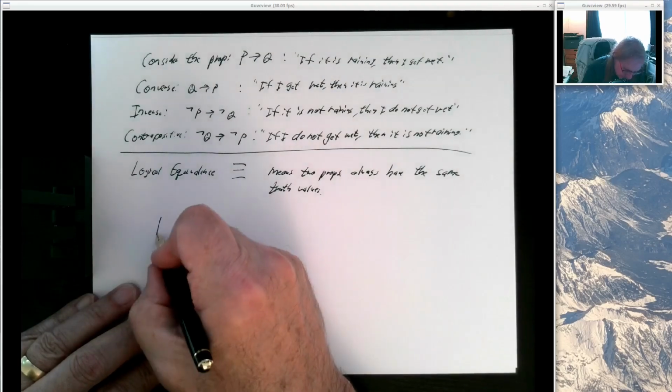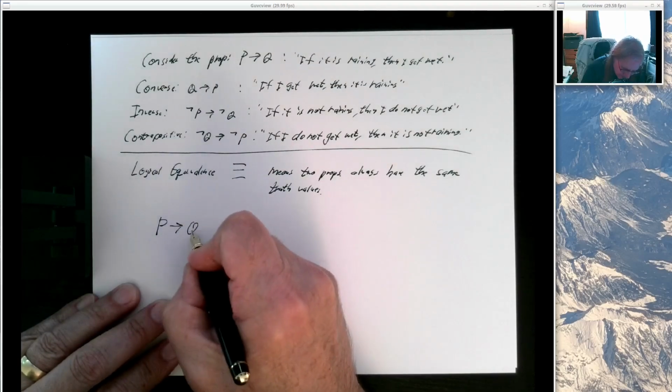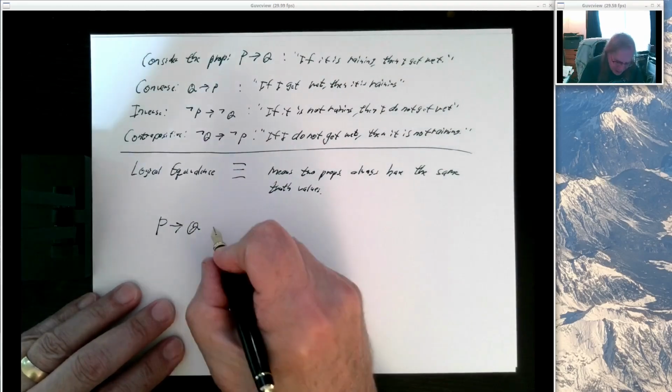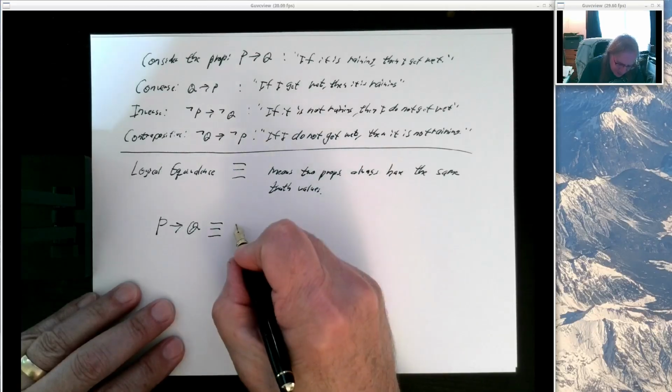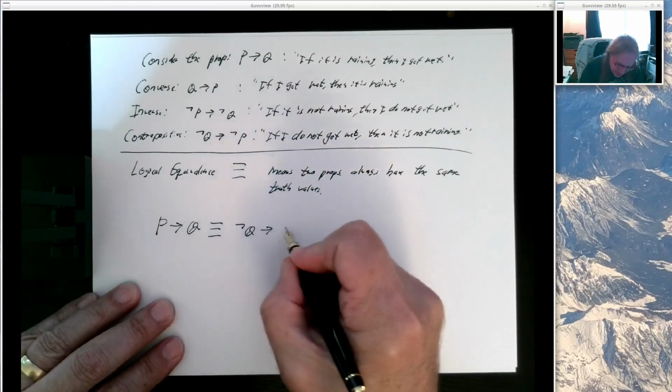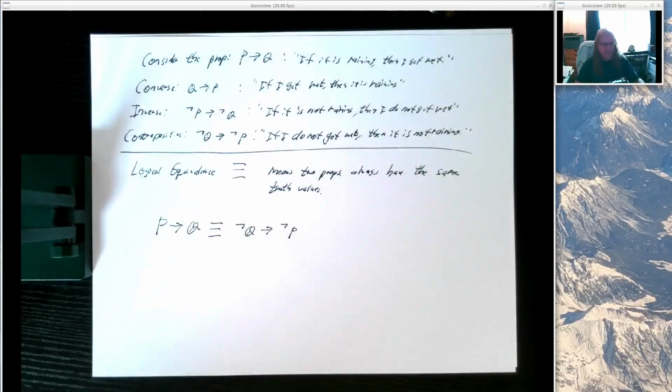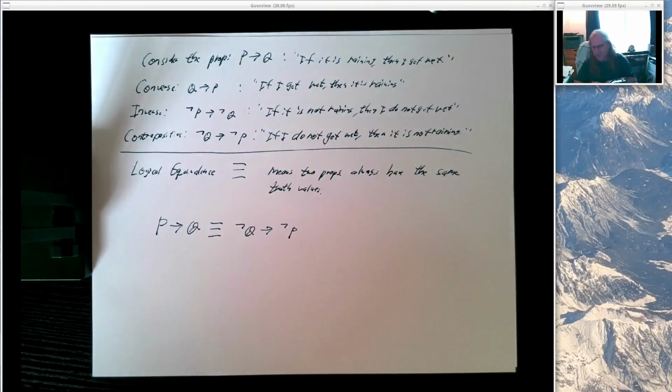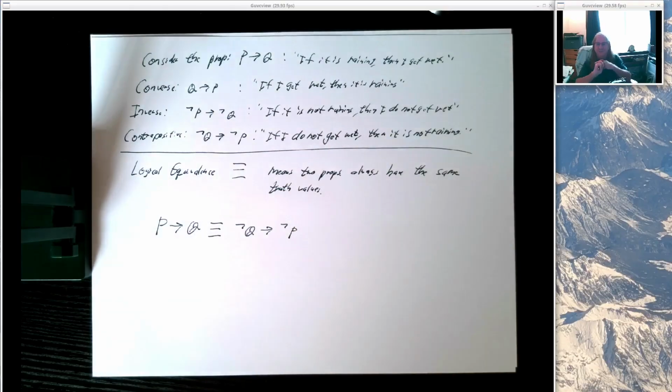And so we can make a statement now. If P then Q is logically equivalent to if not Q then not P. So a conditional is always logically equivalent to its contrapositive.